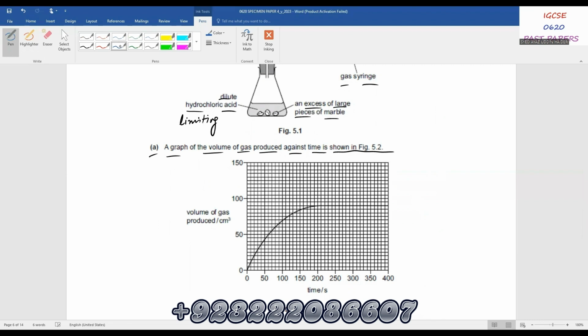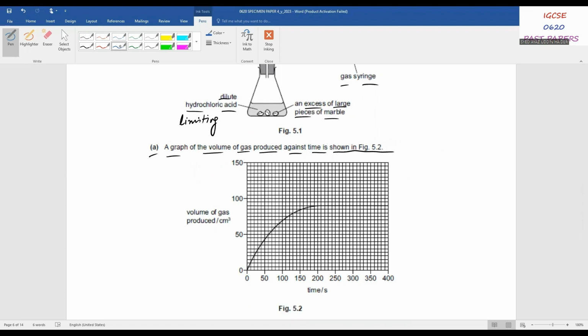So you will have a new line which will be steeper than the printed line. And it means that it levels before 200 seconds. And the starting point will be the same. It will be like this.